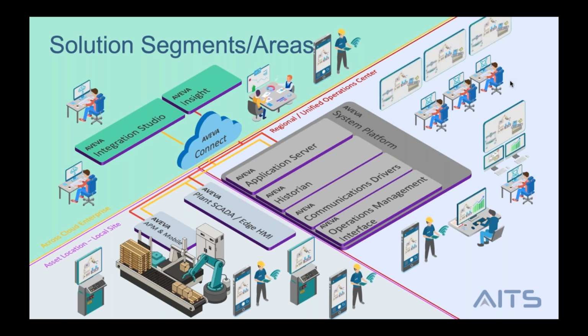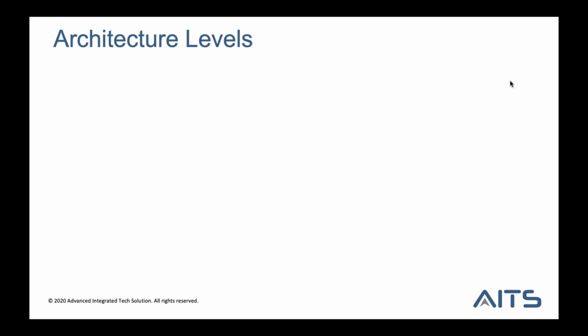But the requester who is looking to have a view on this data will need the necessary tools to extract the right information that's relevant to his role or to his day-to-day activities. So this is where we have the application levels.